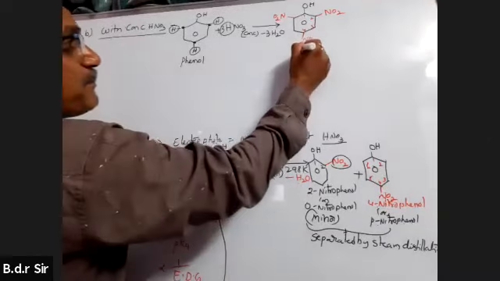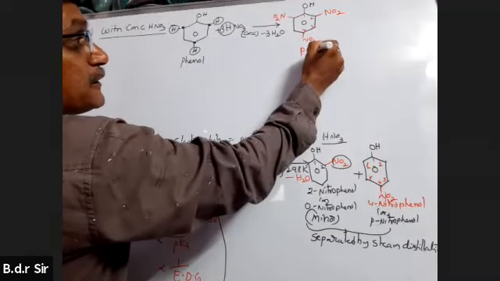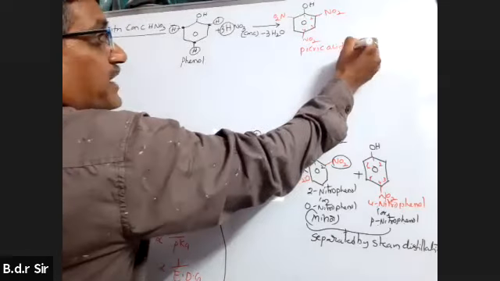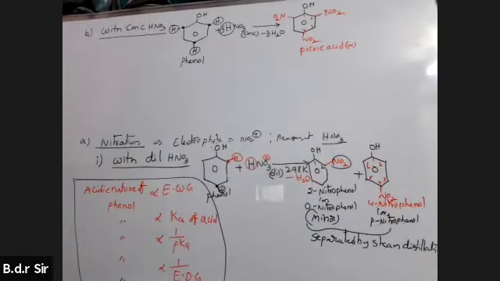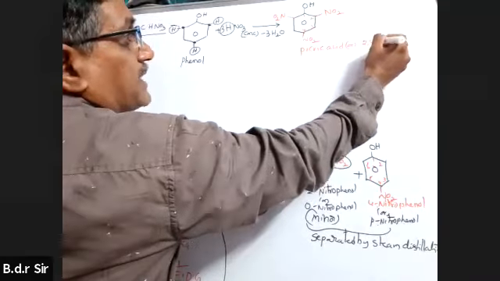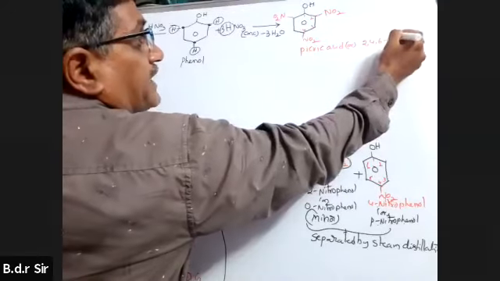Its common name is picric acid. Or by the IUPAC name, 2,4,6-trinitrophenol.